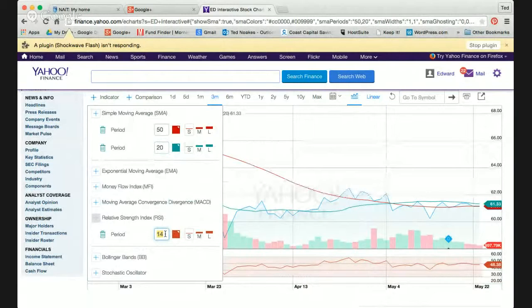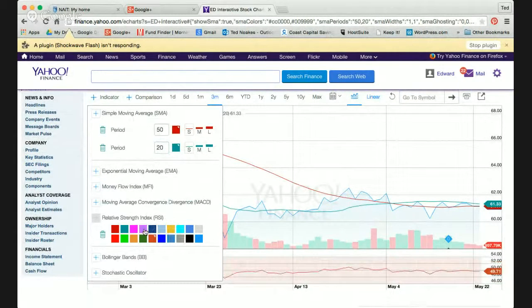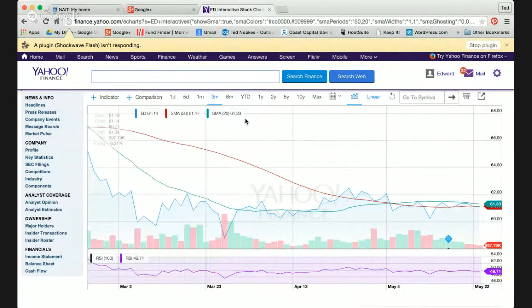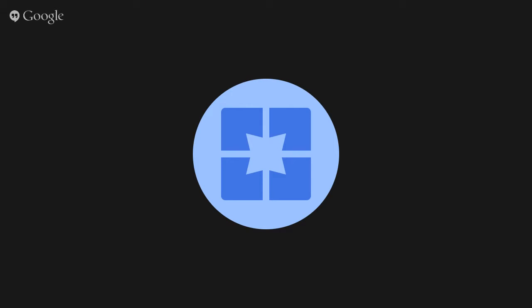So we said our price has got to be above our 50-day. It's right at the 50-day, and right at the 20-day, and we need an RSI indicating overbought. So our tools are the RSI and the moving averages.